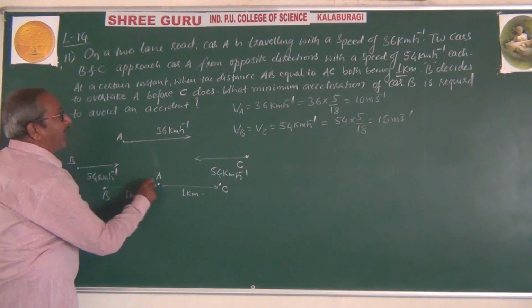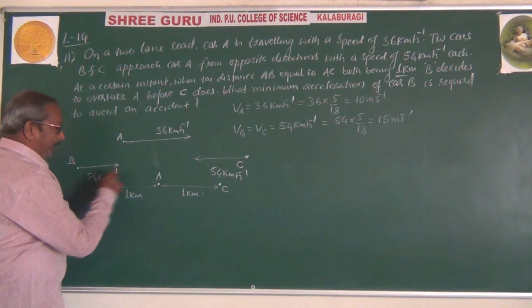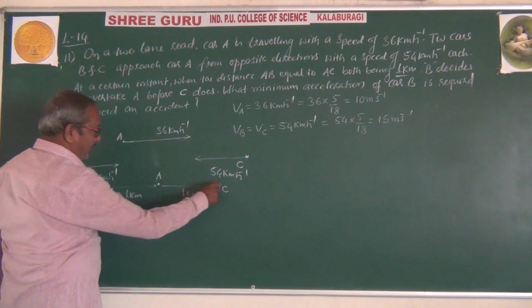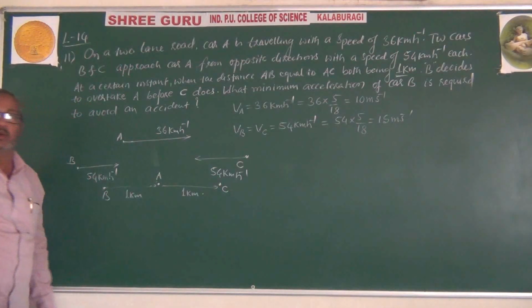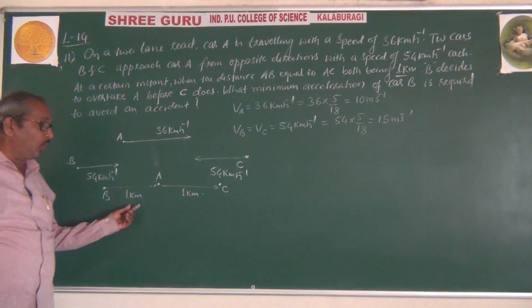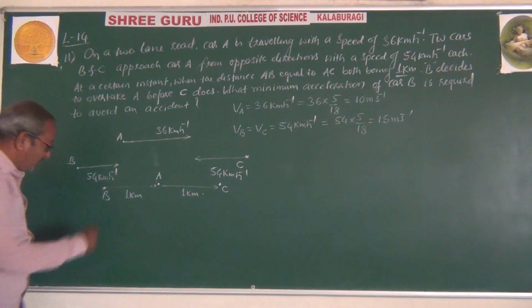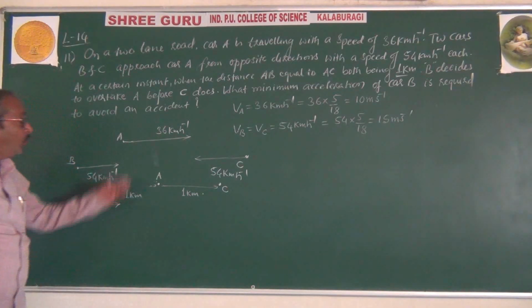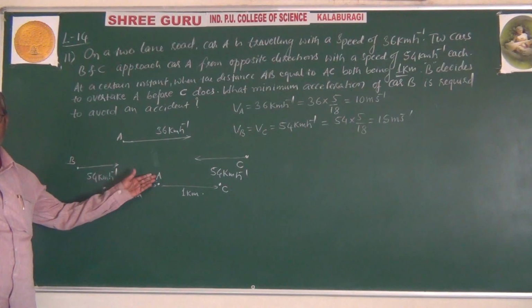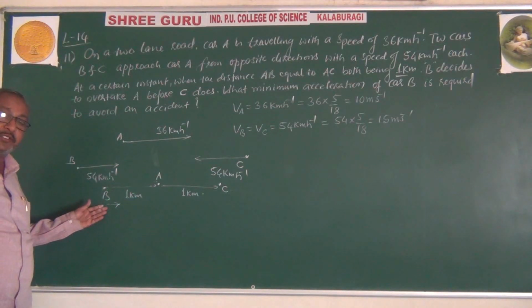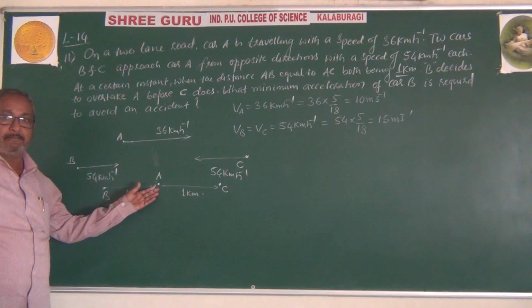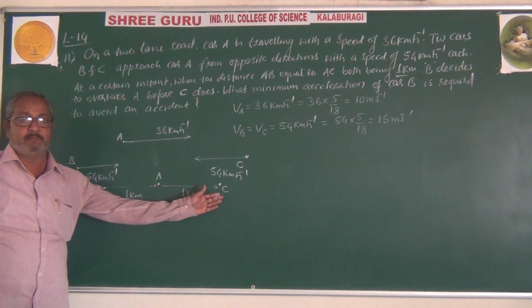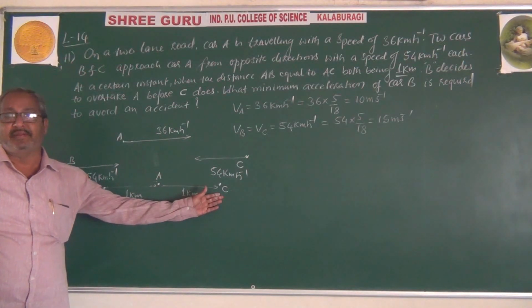Then here AB and AC, these two distances are equal and that is equal to 1 kilometer. Now this B decides to overtake A before C, but accident should not happen.